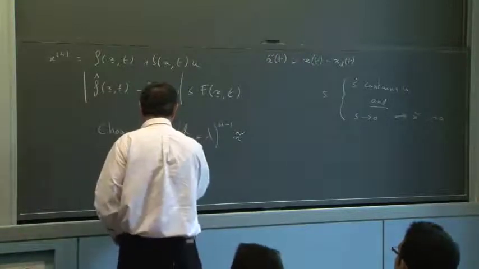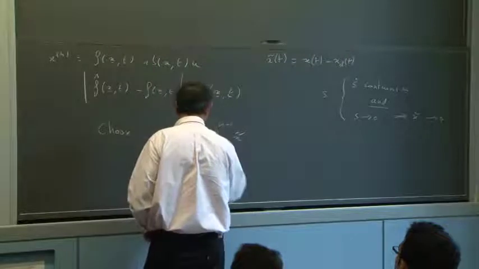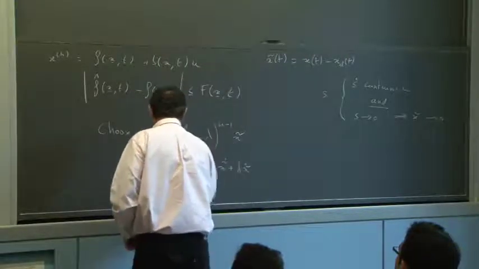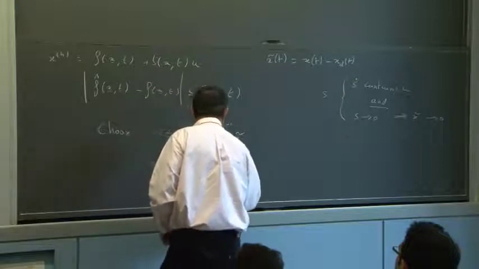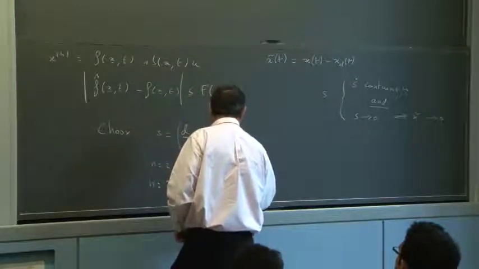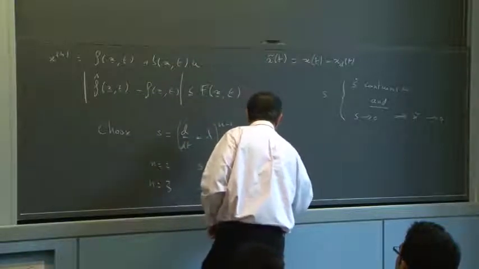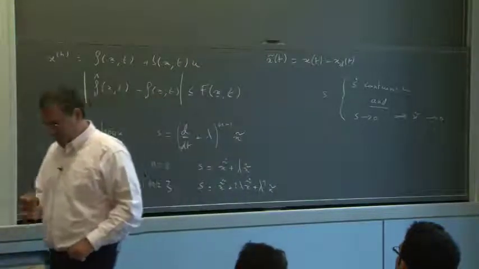Okay, so for instance, in the case n equal 2, you had S equal x tilde dot plus lambda x tilde. In the case n equal 3, you would have S equal x tilde double dot plus 2 lambda x tilde dot plus lambda square x tilde, and so on.